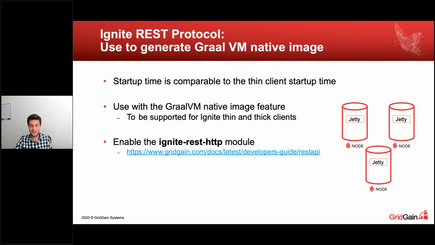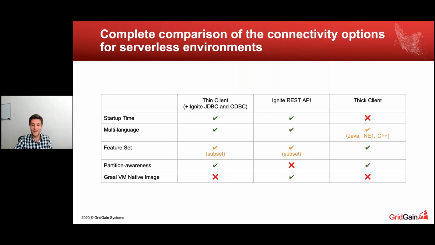Okay, and just as a reminder, if you are enabling and want to use the Ignite REST protocol, don't forget to enable this module in your Apache Ignite Maven configuration, or just add this library to your classpath when you're starting your server nodes.